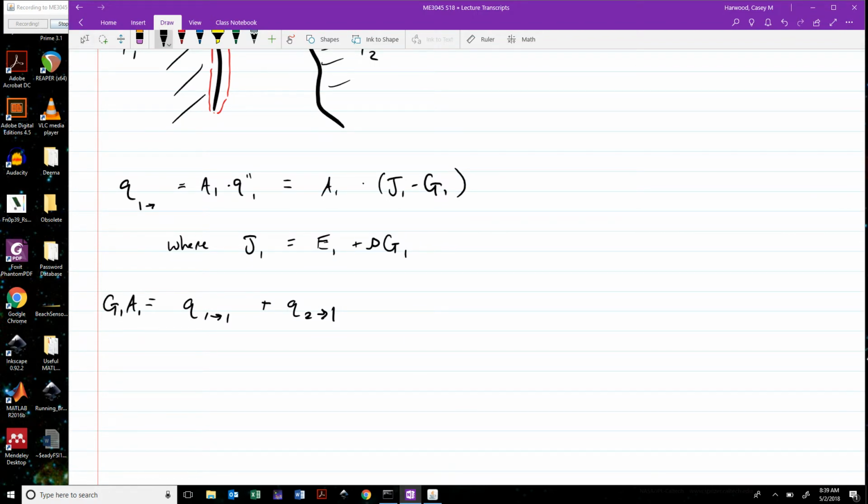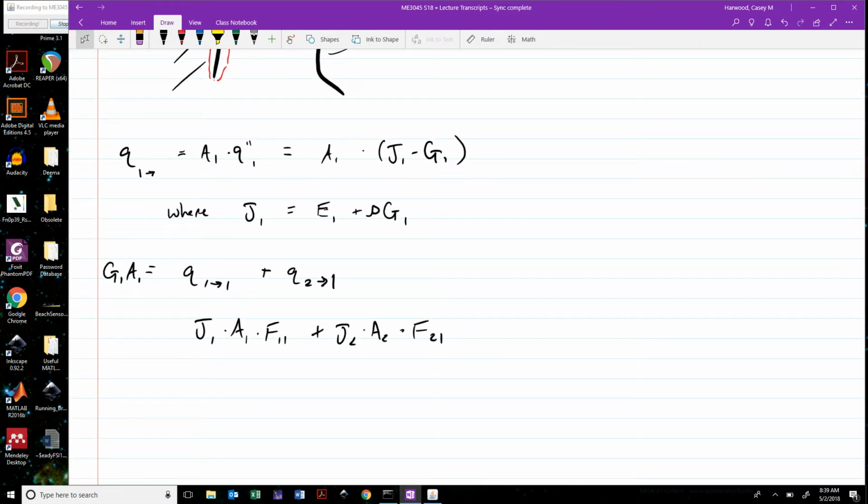So then, okay, if we continued expanding these terms out, we would end up with the heat transfer from 1 to itself being J1 times A1 times F11, plus J2 times A2 times F21.